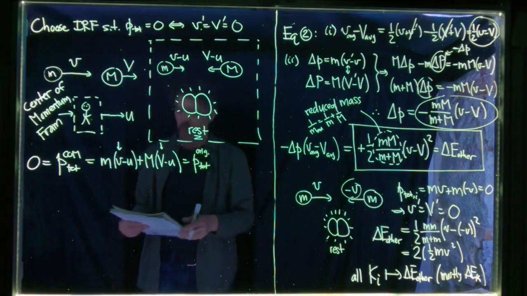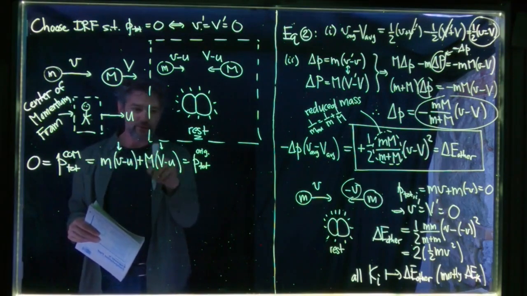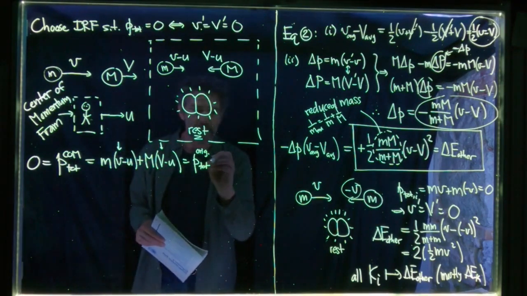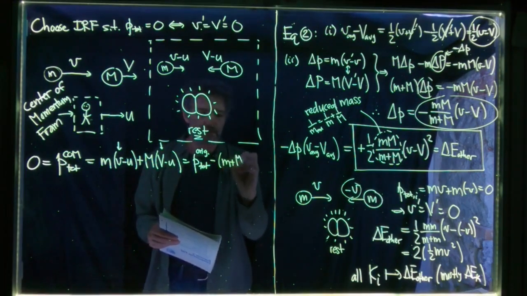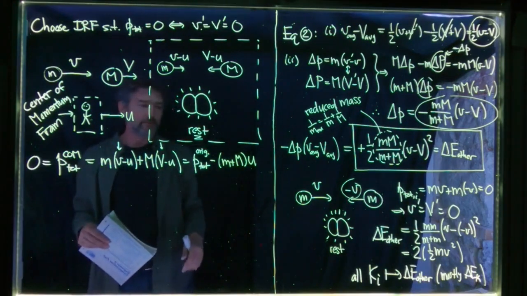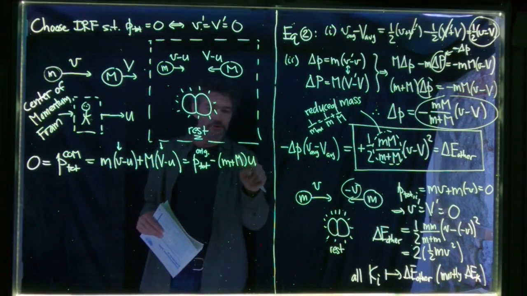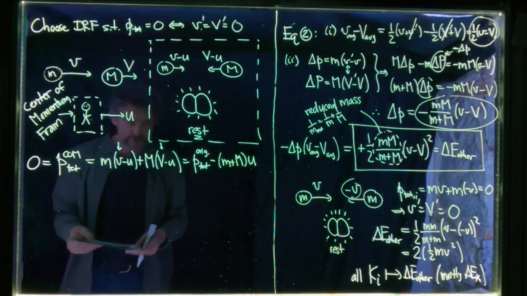Then what's left over is a negative u times little m and a negative u times big M. And so there's a negative u times little m plus big M. Okay, so all of this has to add up to 0, and so we can solve for little u. So little u is the total original momentum divided by the total mass in the system.